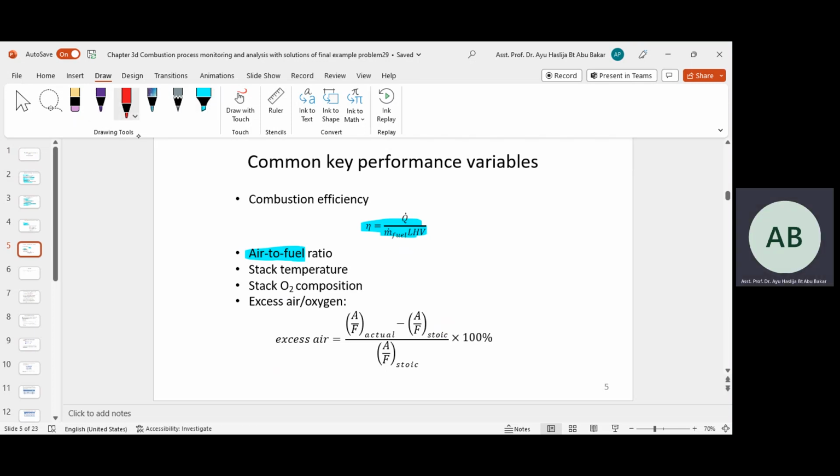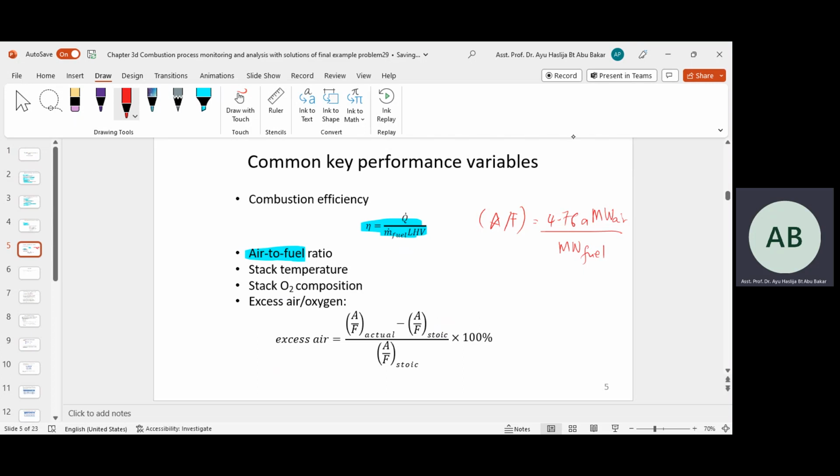Now this is the equation to calculate the excess air, which involves AF actual minus AF stoichiometric over AF stoichiometric.